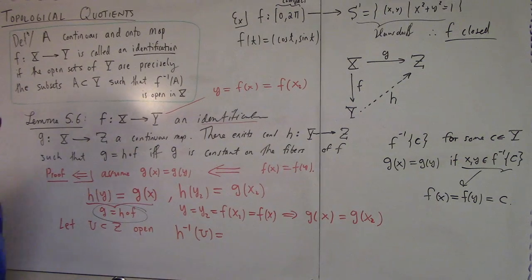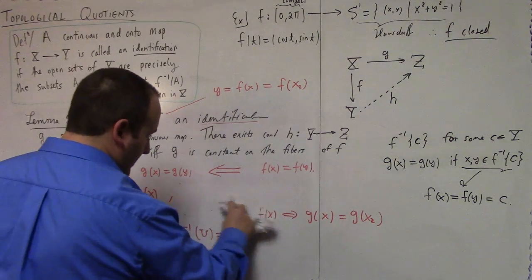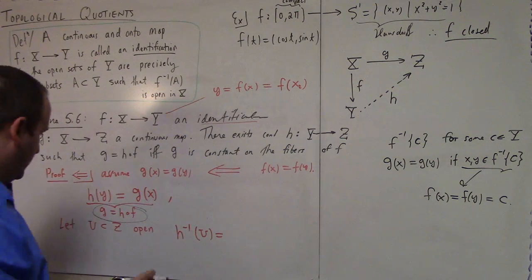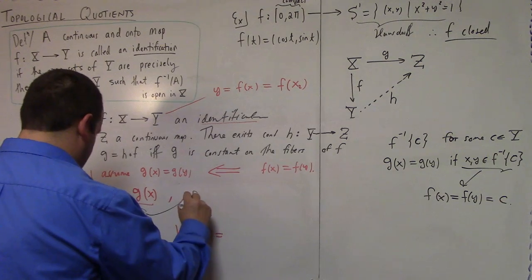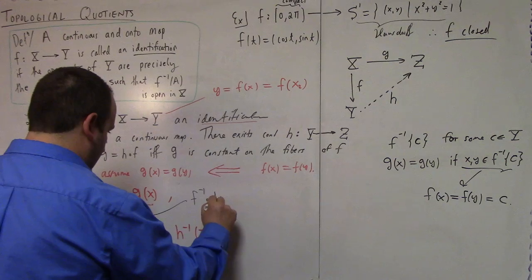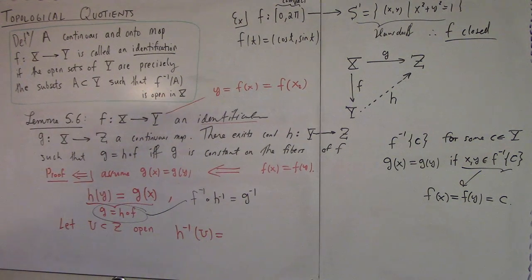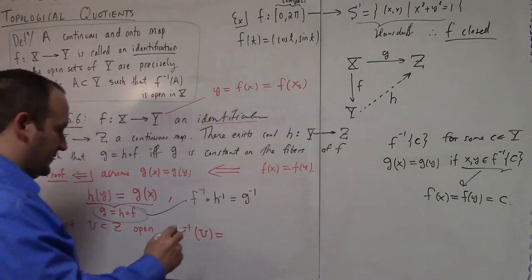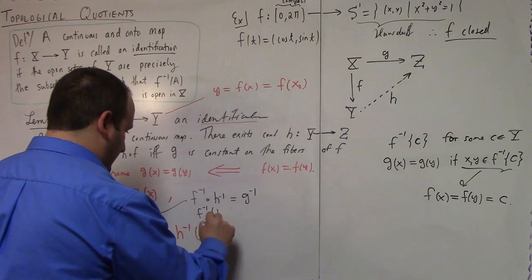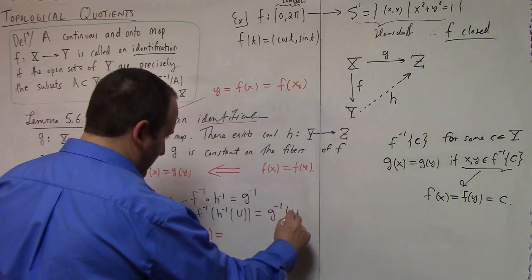So this would say that f inverse composed with h inverse is equal to g inverse. So in other words, f inverse of h inverse of U is equal to g inverse of U.